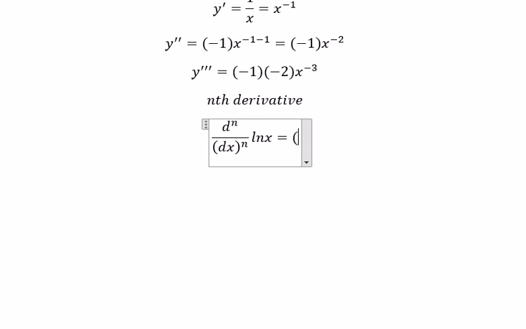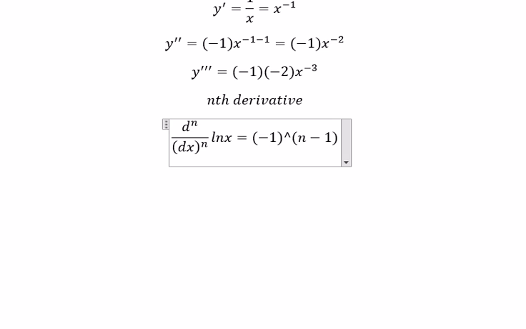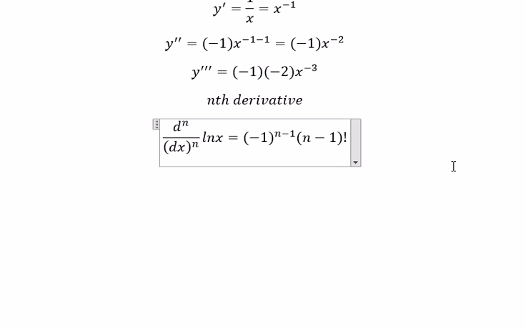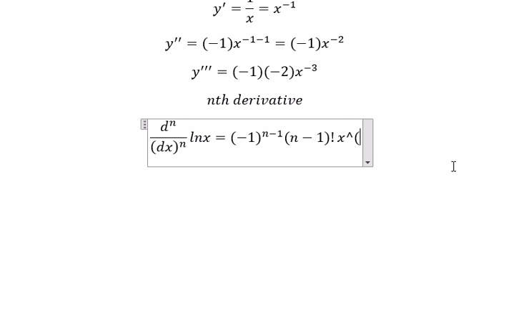We get negative 1 to the power of n minus 1, and we have n minus 1 factorial, and we have x to the power of negative n.